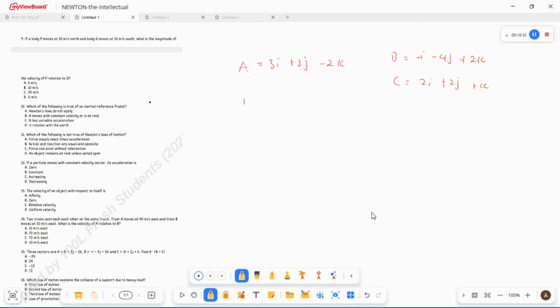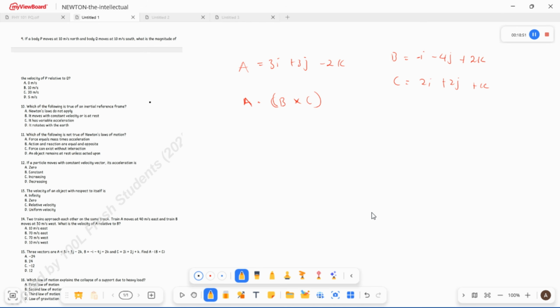It says we should find A dot product of B cross product of C. So we are going to do what is inside the bracket first, following BODMAS. So this is B times C, the cross product, B cross C.